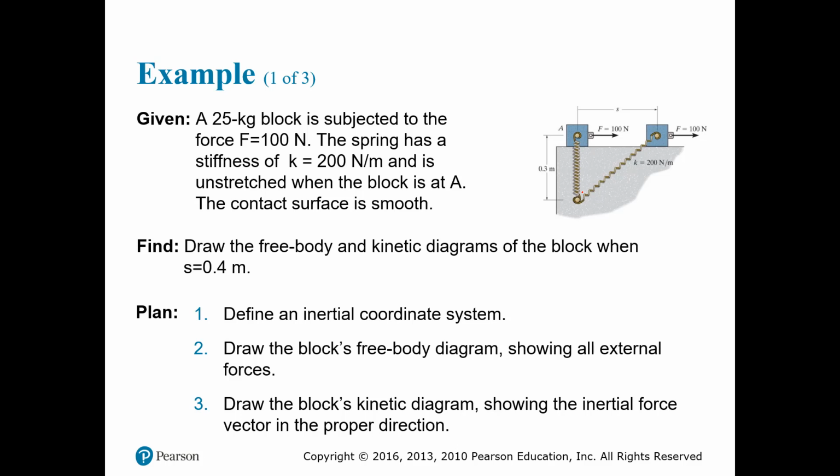At first, the mass was given in kilograms, right? So you need the weight. You need to multiply that by 9.8 meters per second squared in order to get your weight in newtons. You need to do everything in force dimensions.